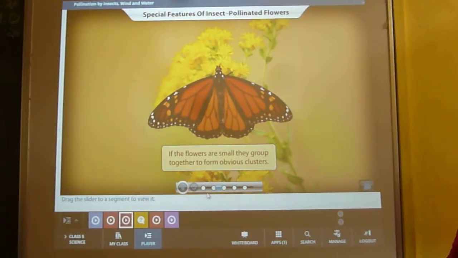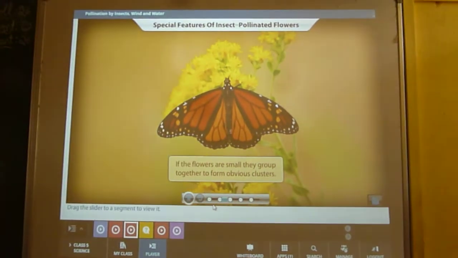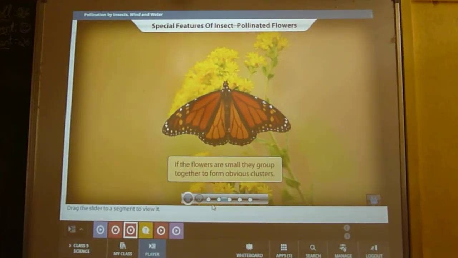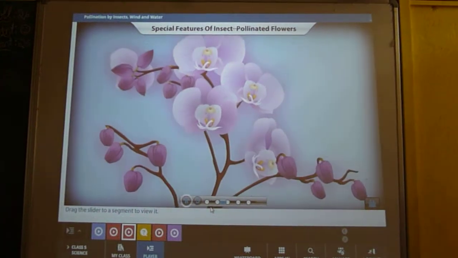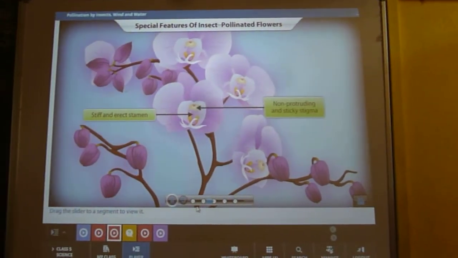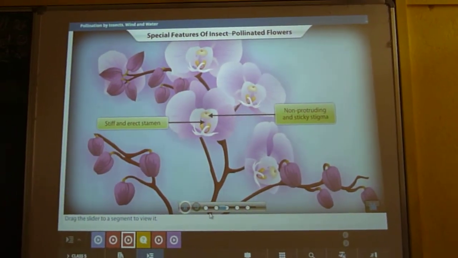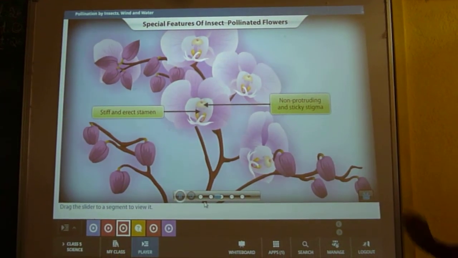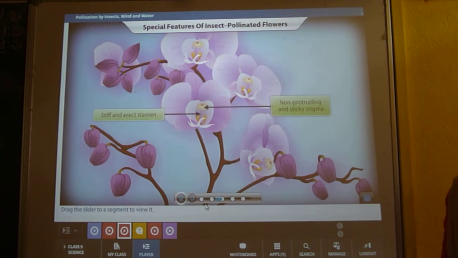If the flowers are small, they group together to form obvious clusters. They have stiff and erect stamens and long protruding and sticky stigmas, so that the pollen grains go and stick onto the stigma.